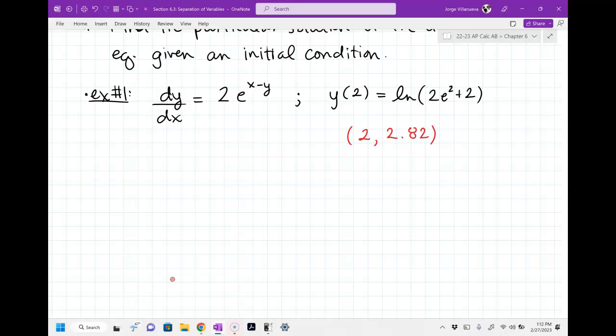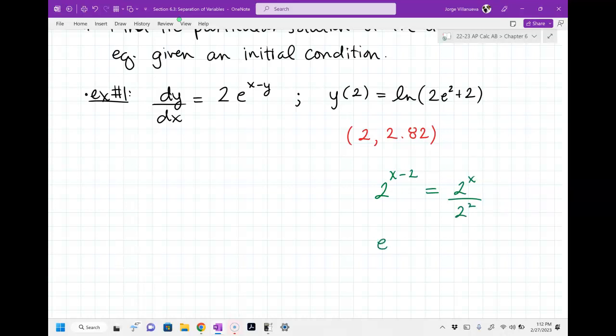Now, do you guys know how to rewrite e to the x minus y? Like if I were to write 2 to the x minus 2, do you guys remember that that's 2 to the x over 2 squared? Right? Okay.